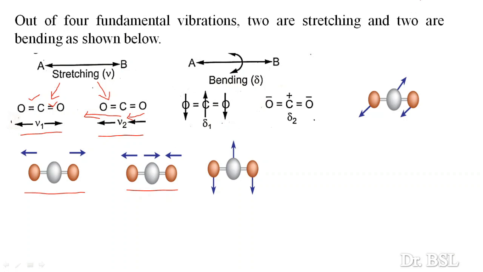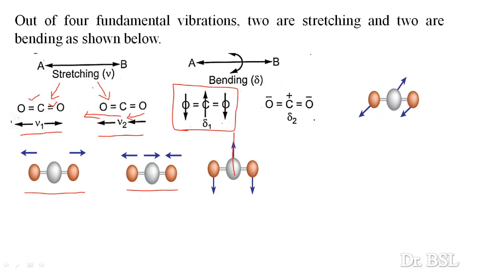In the bending vibrations, when you consider this CO2 molecule, all the three atoms, that is two oxygens and one carbon, are vibrating in the same plane, that is the plane of this screen, what you are observing.